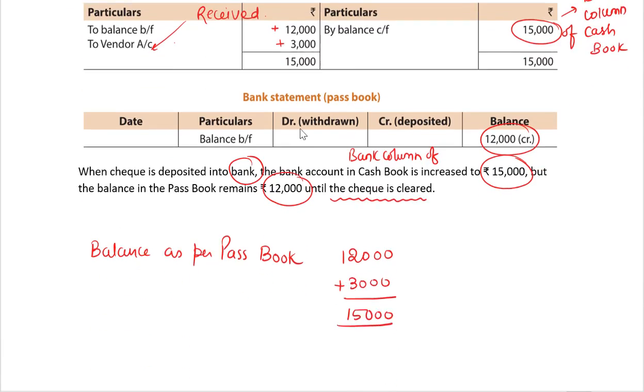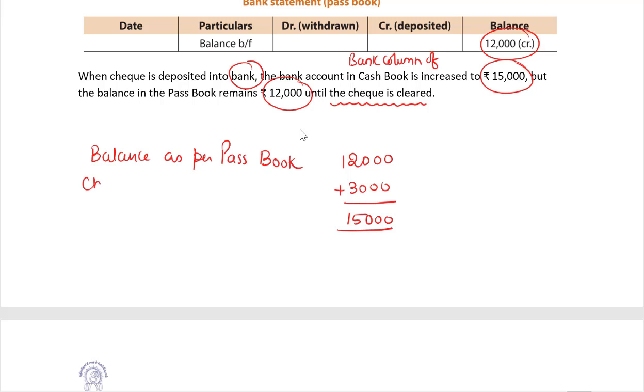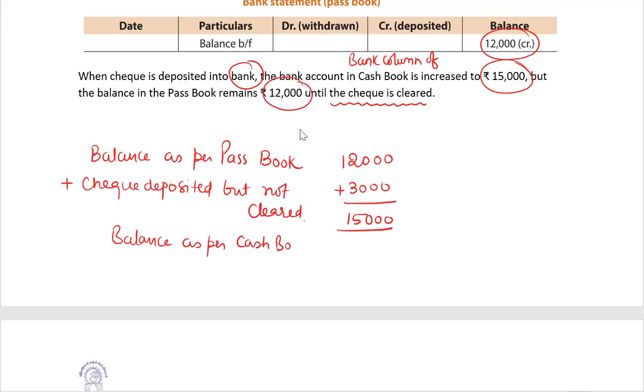And for the 3,000 that we have added, we will write: add check deposited but not cleared. And at last, we reach the balance as per cash book, 15,000. I believe you understood.